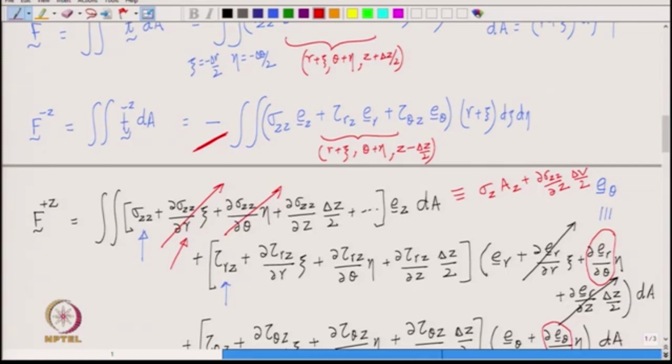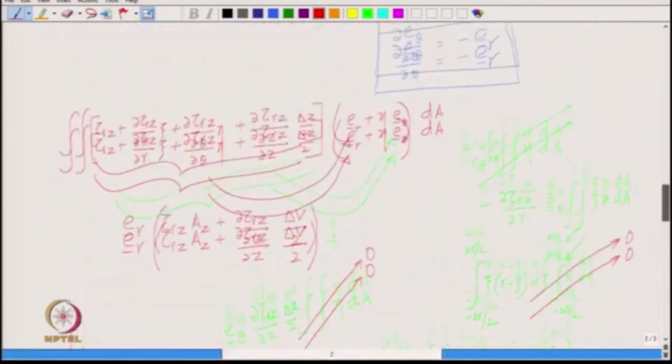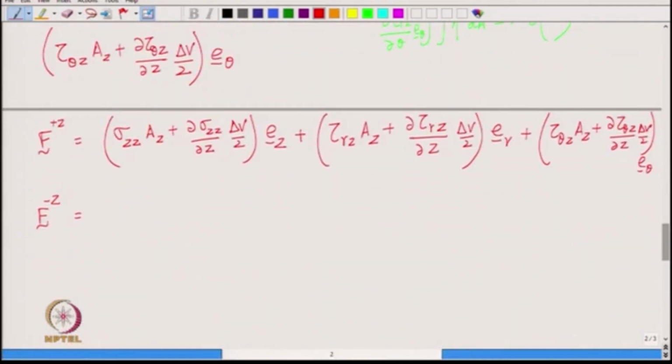So, whenever you do the derivative with respect to z, it will be multiplied with minus delta z by 2. So, you will have one minus coming from minus delta z by 2, and then you have one minus in the front. So, the derivatives with respect to z will become positive finally, whereas the rest will be negative, is not it?